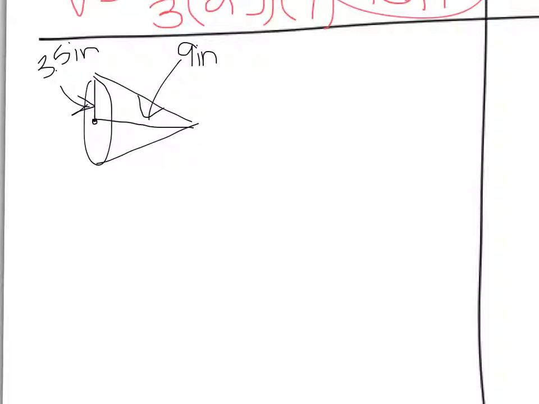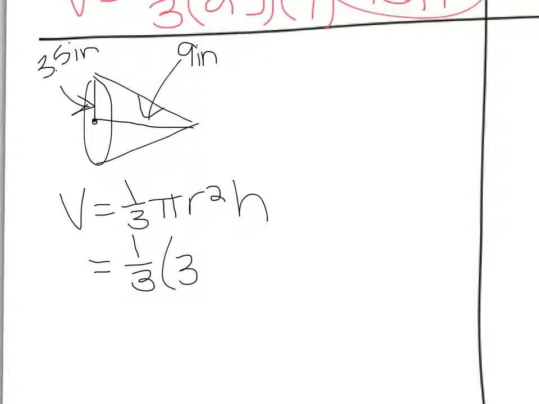I do. So for this one, you're going to take your formula where we take 1/3 pi r squared h. We're going to plug 3.5 in for r, 9 in for h, and we're going to simplify. So I have 1/3, and instead of pi, we're going to use 3.14. Like I said, my radius is 3.5 squared, and my height is 9.